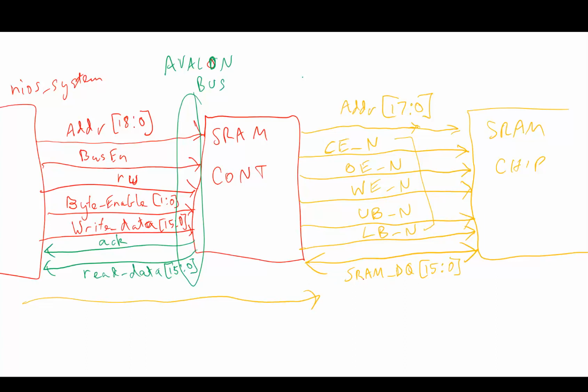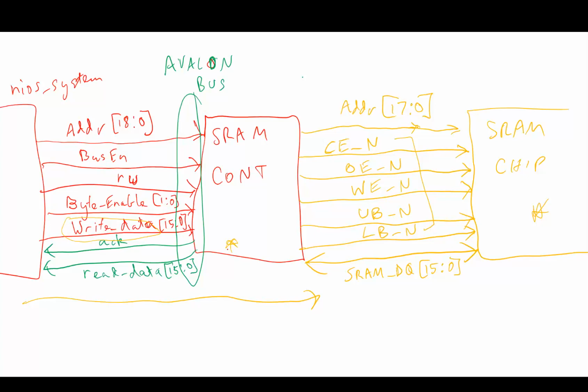So in that case, you would assign SRAM DQ equal to whatever write data is here. On the SRAM chip end, what it would be doing inside that chip is assigning the SRAM DQ to high impedance so that it would be able to read it. But we don't know what's going on really in the SRAM chip because we are creating the SRAM controller.